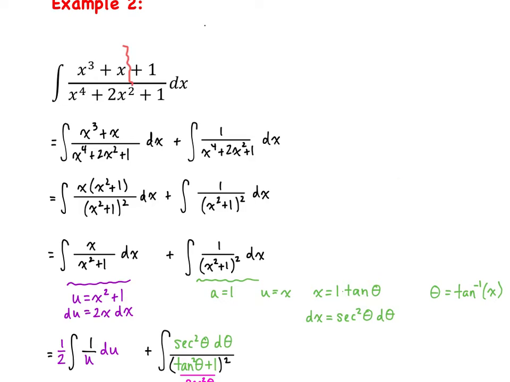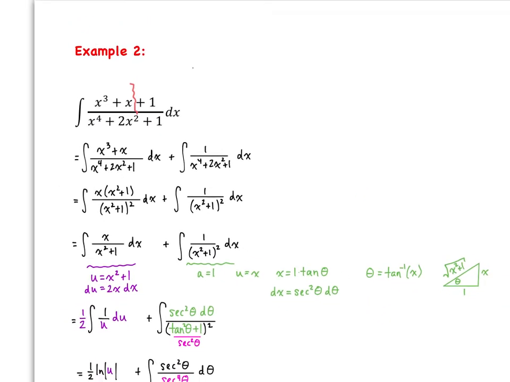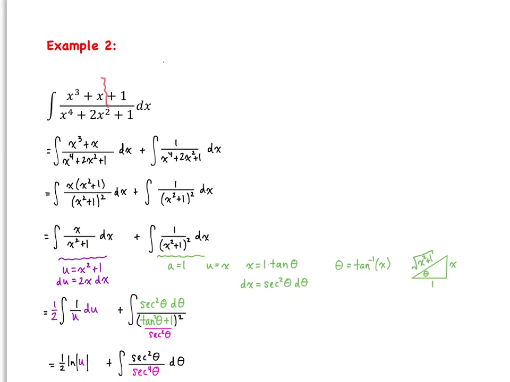Thinking about it in the long run, theta is equal to inverse tangent of x, and we also have our triangle because we'll probably need that when we substitute everything back. So dx is secant squared theta d theta, and we make that substitution.